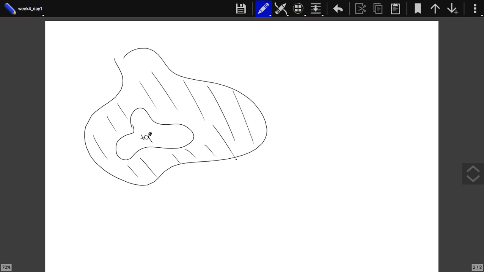So the inner surface will be negatively charged. If your conductor is initially neutral, then you put some negative charges on the inside of the conductor. The remaining positive charge will go to the outer surface of the conductor.